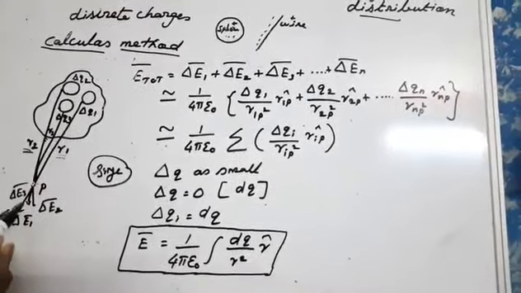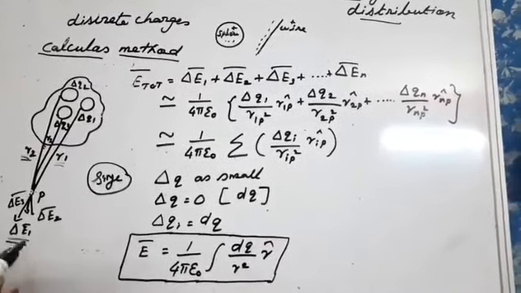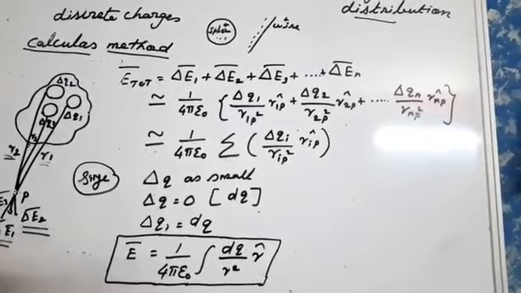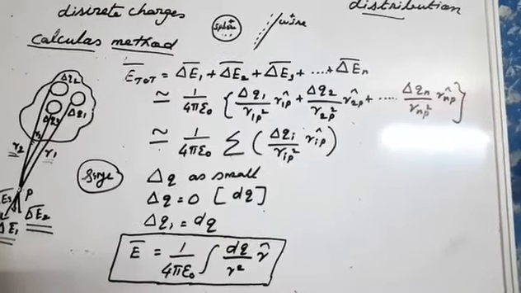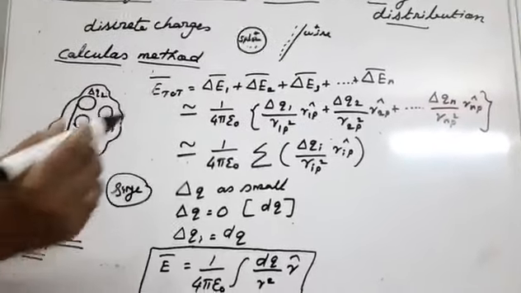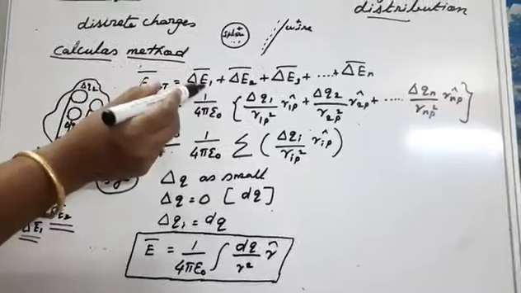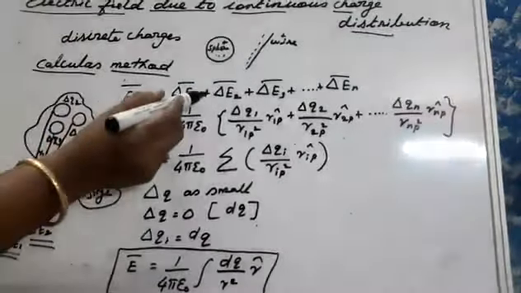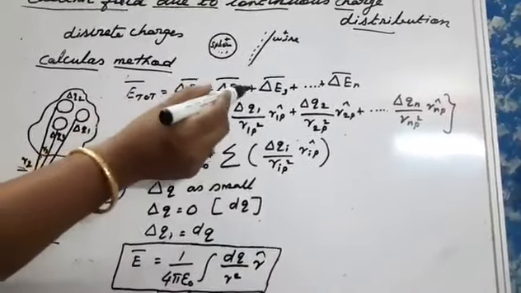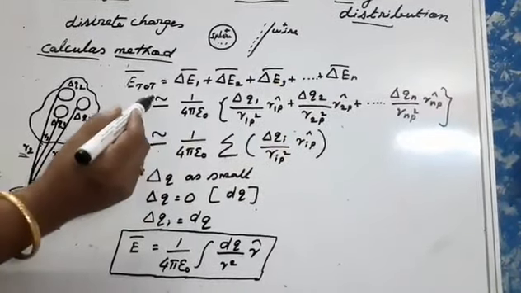The electric fields for del q1, del q2 and del q3 are del E1, del E2 and del E3. Now the total electric field we have to calculate: E total bar equals del E1 bar plus del E2 bar plus del E3 bar and so on up to del En bar.